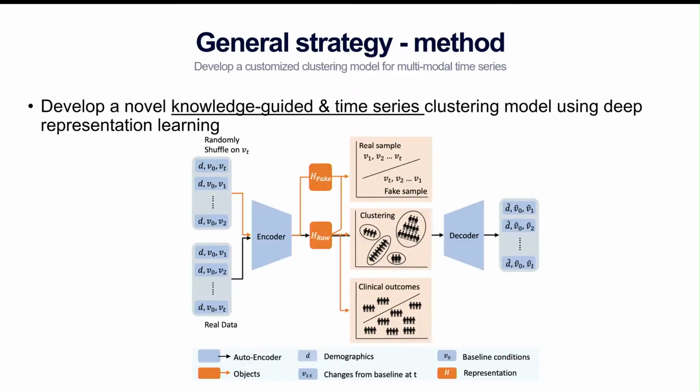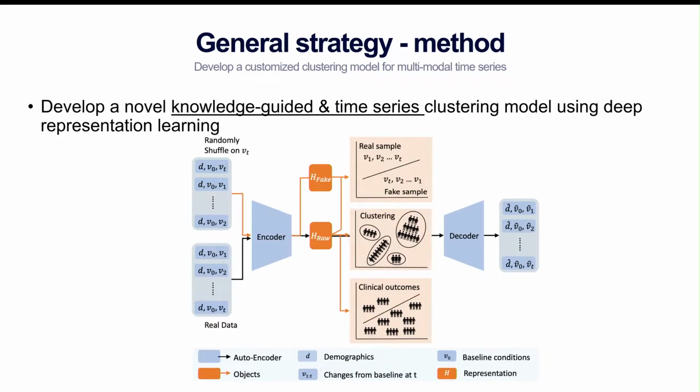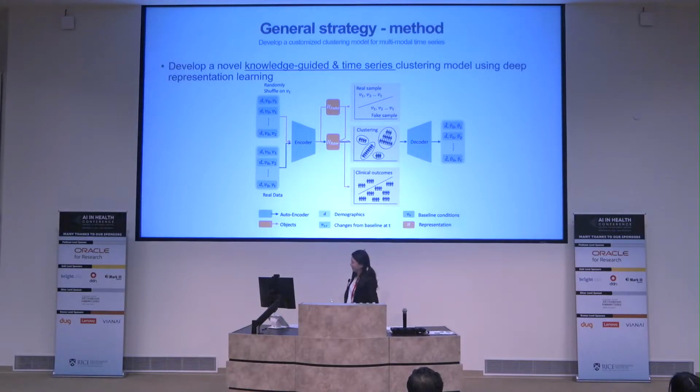Because our input is a time series, we do have time-invariant features and time-variant features. We concatenate the input and the sequence data over here, and all this information is fed into the encoder. The encoder derives some representation, and this representation is then used to decode back to the original input, like this.